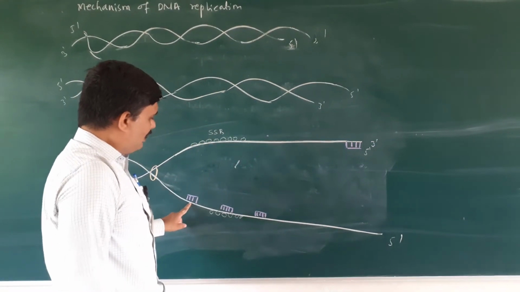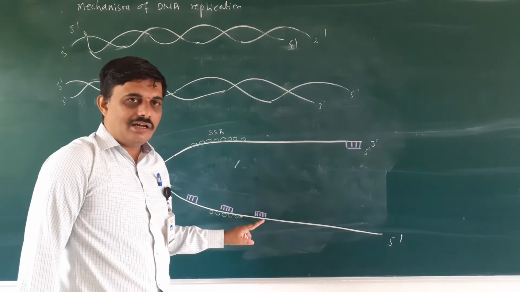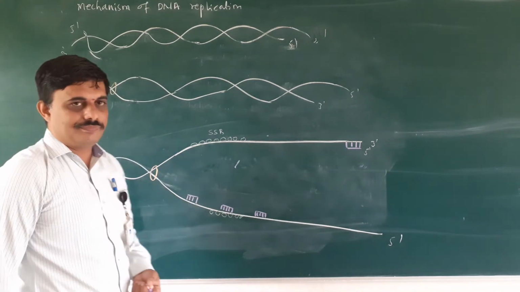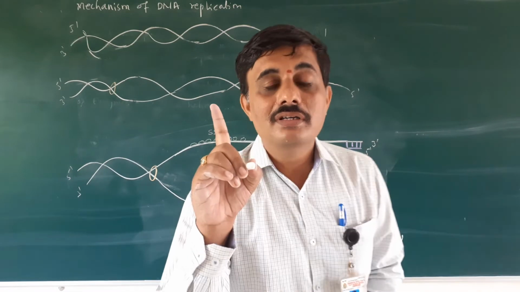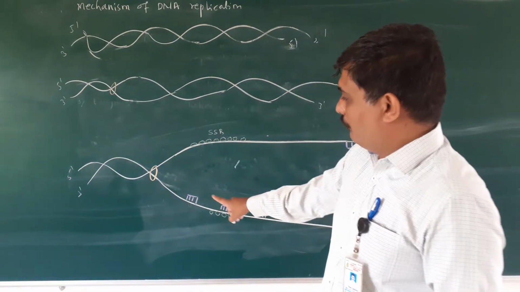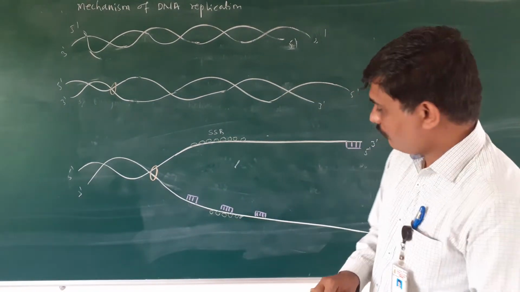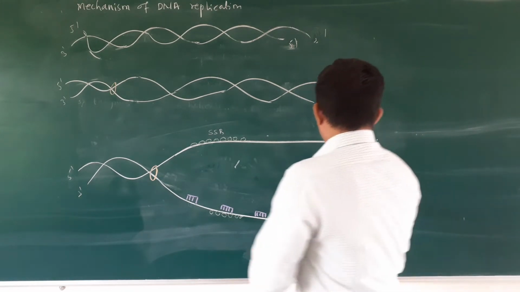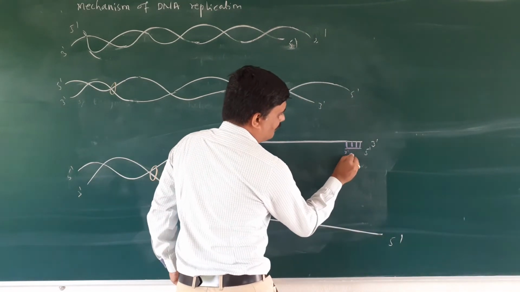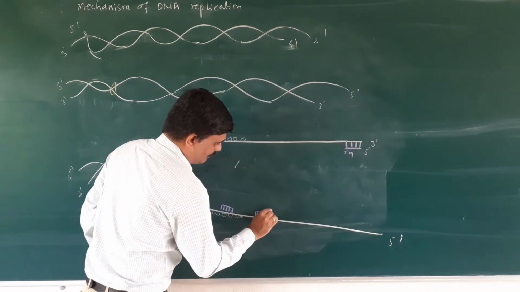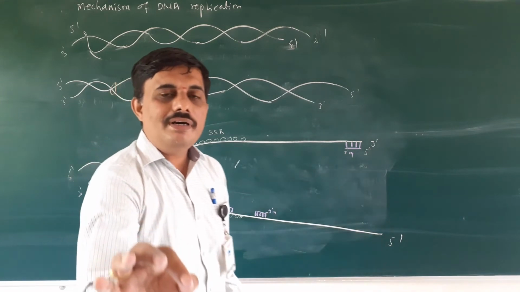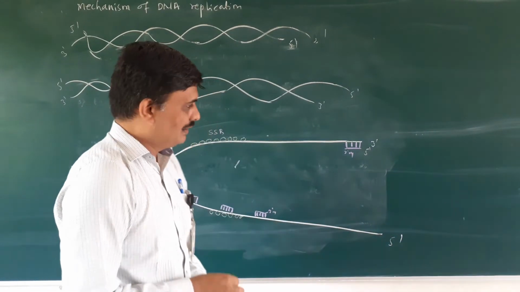These short RNA primers come and bind the 3 prime OH group, the 3 prime end of the parent DNA. So the short RNA primers provide the 3 prime OH group for the polymerization of the DNA strand.